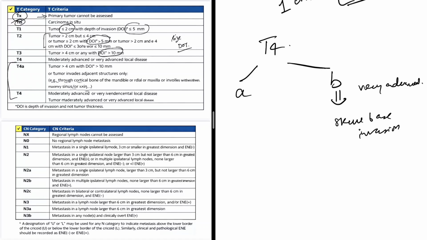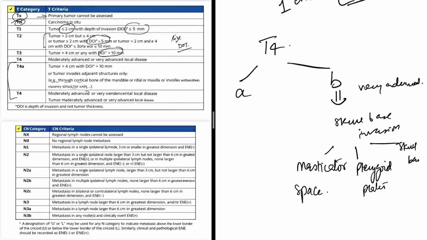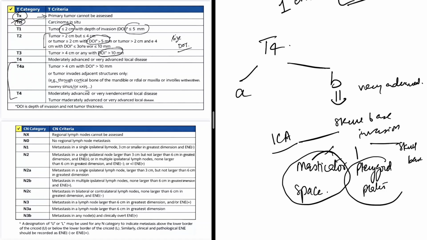All the things which have to be involved in the cancer to call it T4B are the masticator space, pterygoid plates, or skull base, and the most important, ICA, internal carotid artery. So if the tumor involves the masticator space, pterygoid plates, skull base, or internal carotid artery encasement, then that makes it T4B.